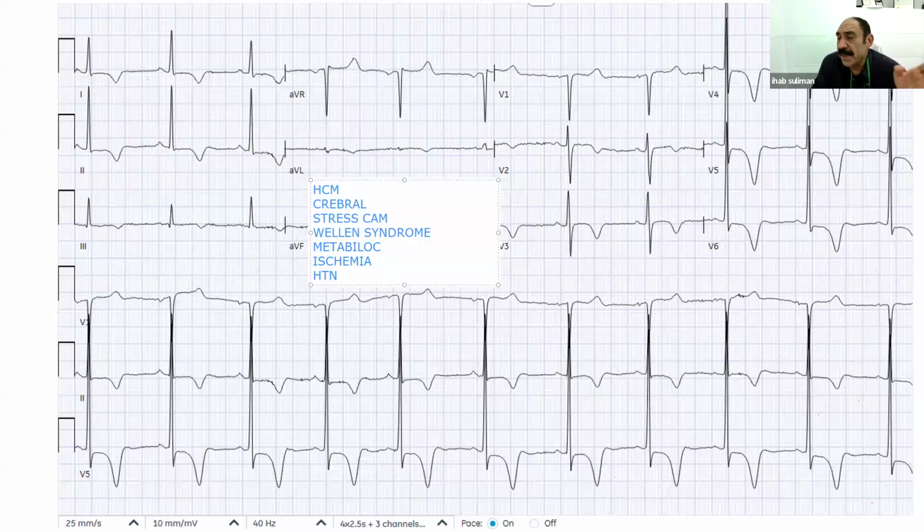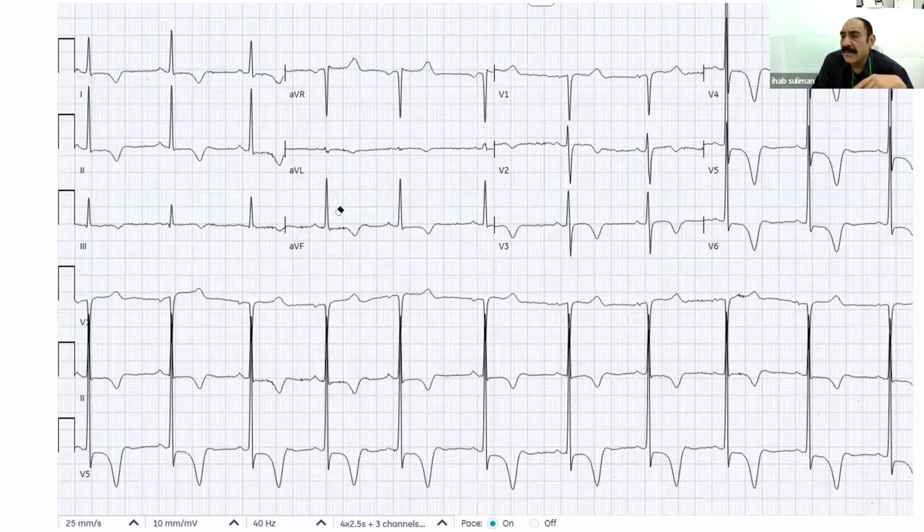But in a young person who is 19 or 20 years old with such an ECG, you need to screen the whole family for hypertrophic cardiomyopathy. Hypertrophic cardiomyopathy is believed to be in 1 in 250 to 1 in 500 of people.